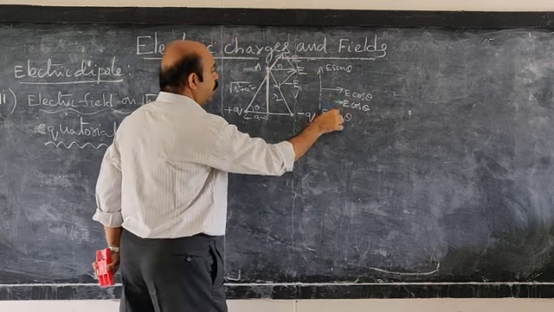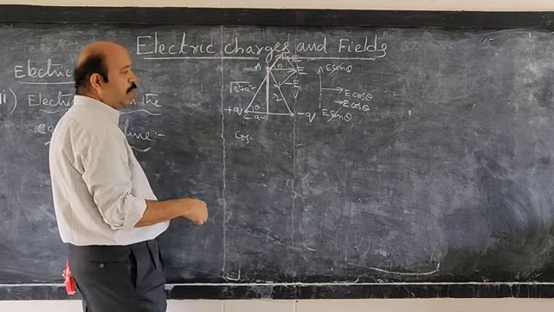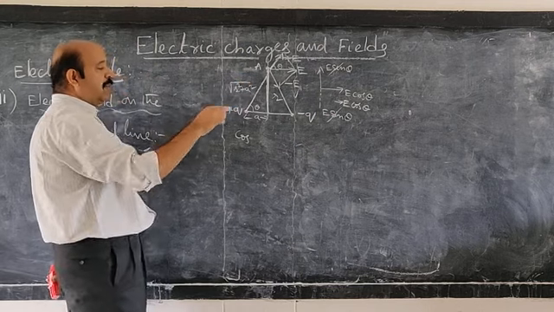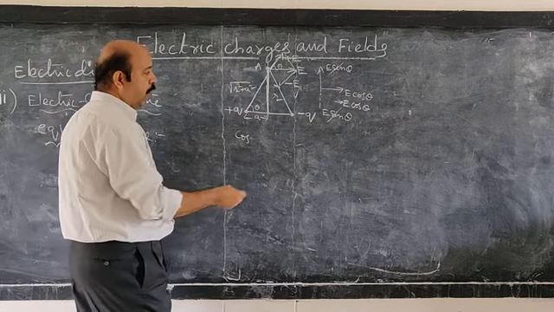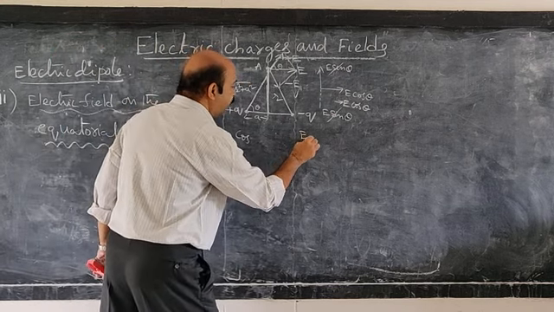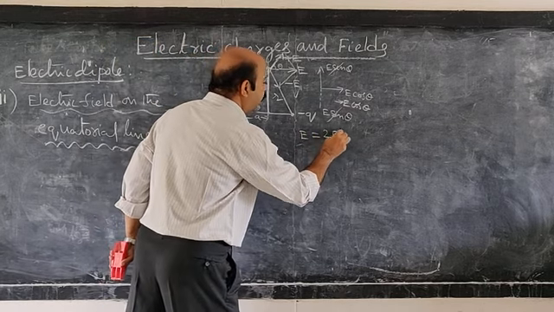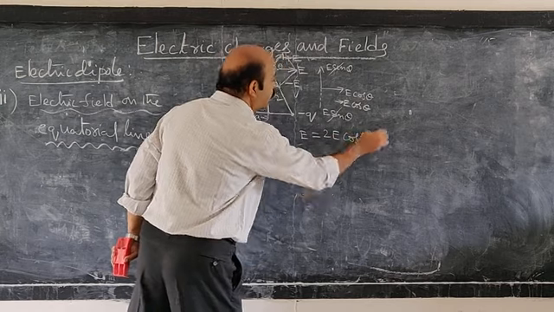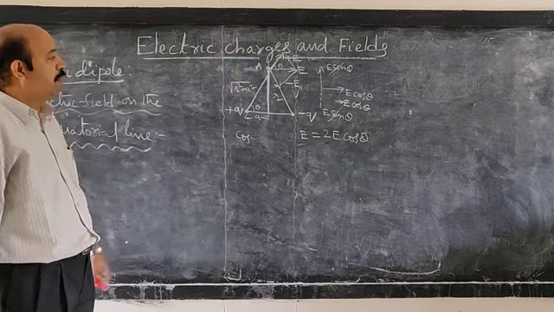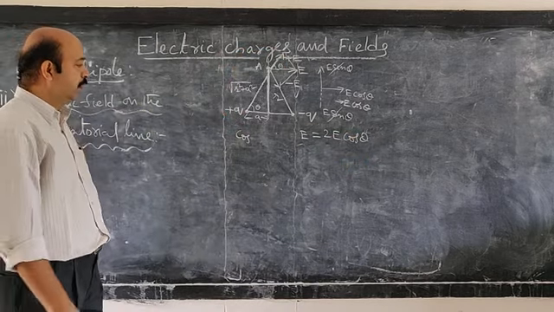Therefore, these two are equal and opposite, so they cancel. Only the E cos theta components will add up. So the resultant electric field is given by 2E cos theta. That is what we can understand from the figure.